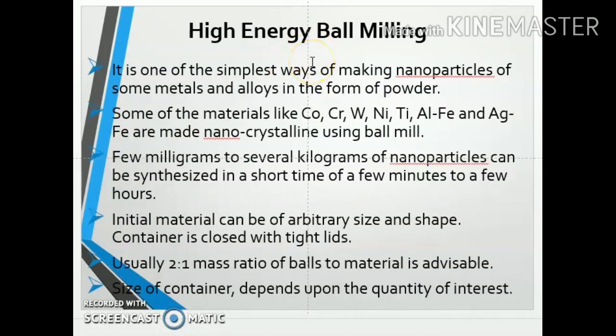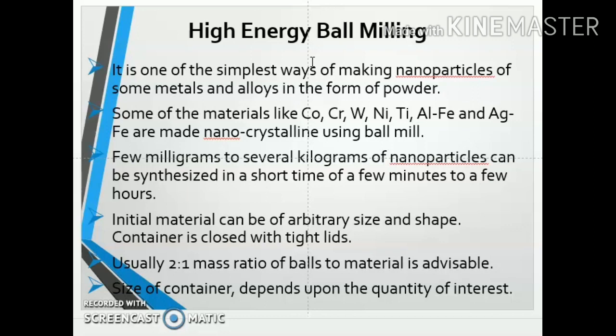Let us now discuss high energy ball milling. High energy ball milling is one of the simplest ways for the synthesis of nanoparticles of some metals and metal alloys in the form of powder.